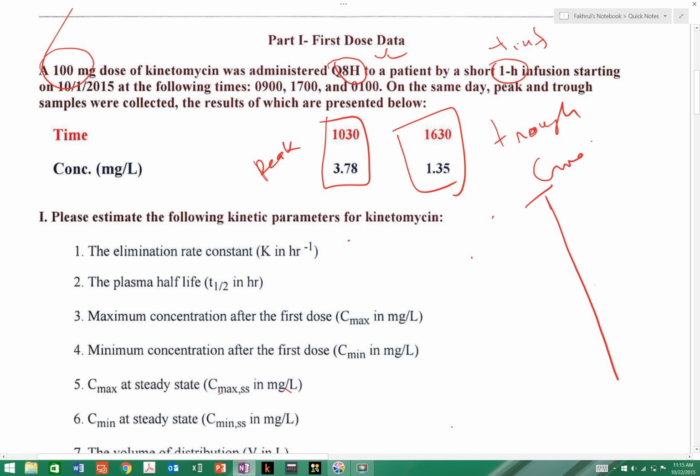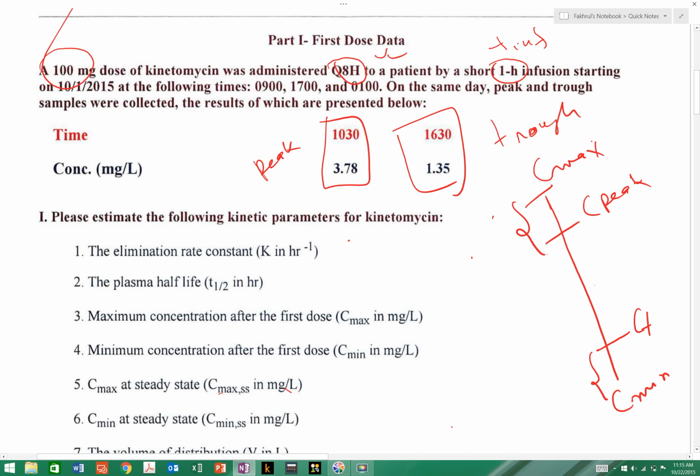Here is your Cmax, your Cmin, your C peak, and your C trough. So this is your delta T for Cmin, and this is your delta T for Cmax.